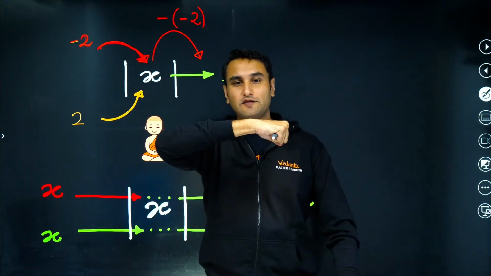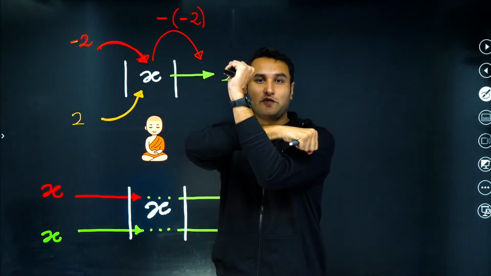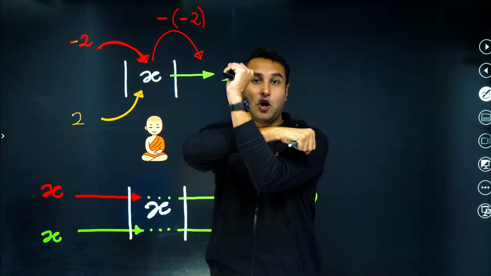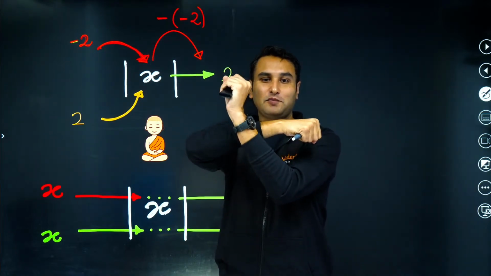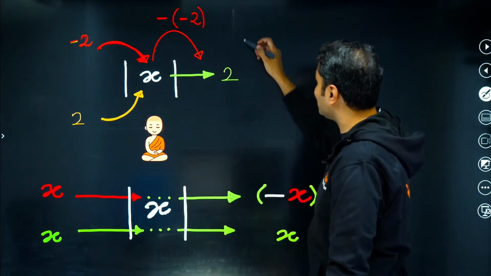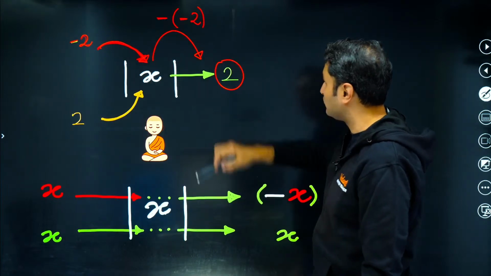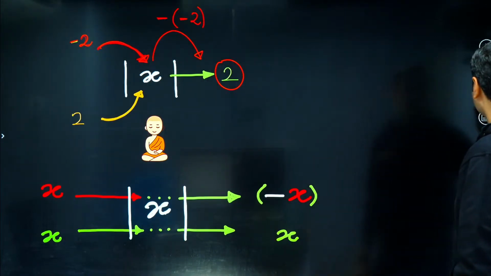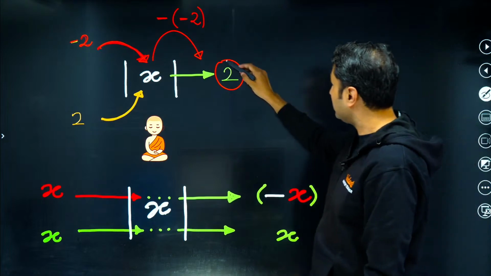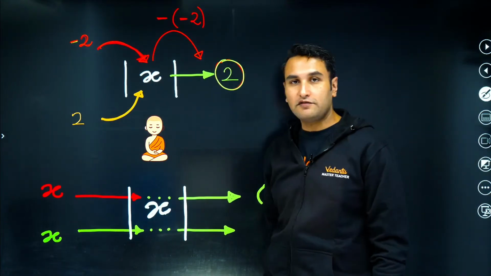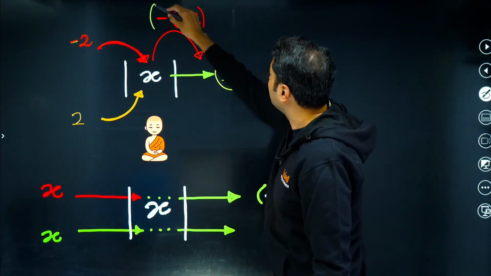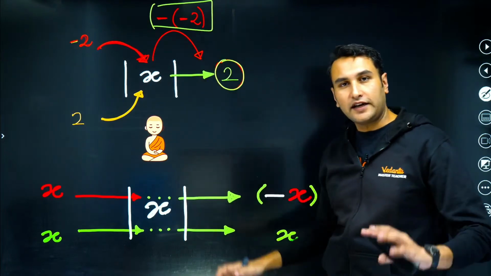Baba is a special negative. So when this negative meets an already negative, it makes a positive, right? So this becomes actually +2 because of that. Did you get it? Understand? So what is the way of Baba to make it positive? By giving it a negative number. That's it, as simple as that.